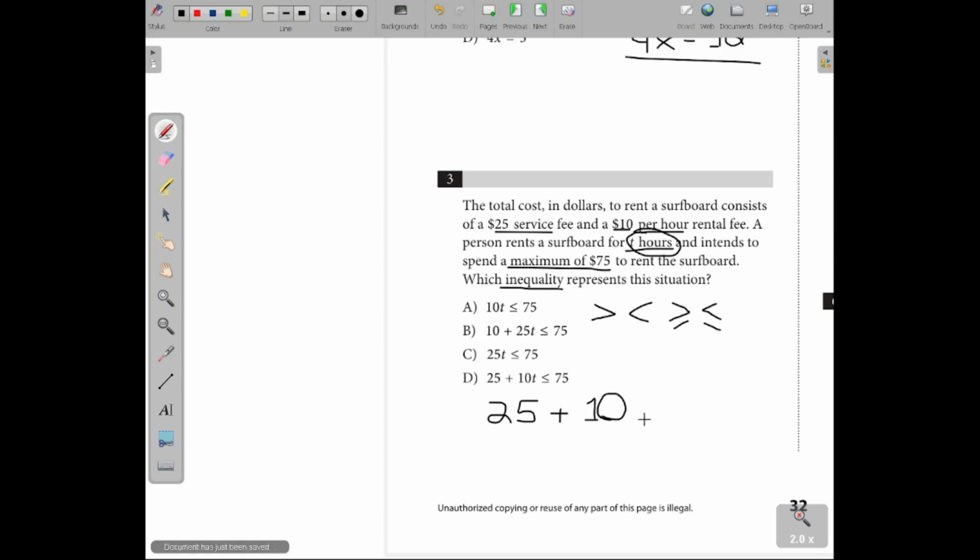It's a variable. 10 times t, we said that it has to be a maximum of 75, so it has to be less or equal. That's 75. It includes 75. And that's our inequality, which is answer D.